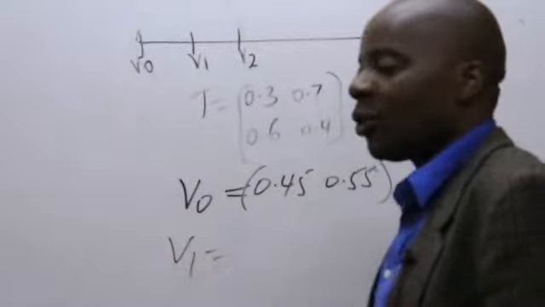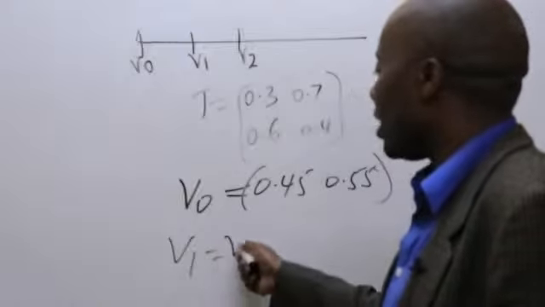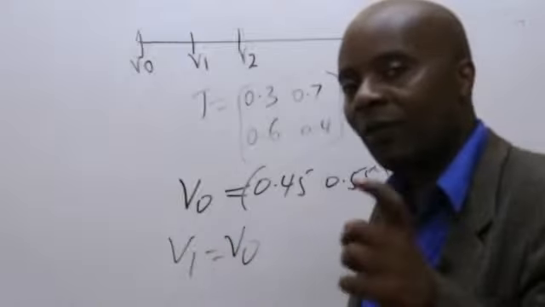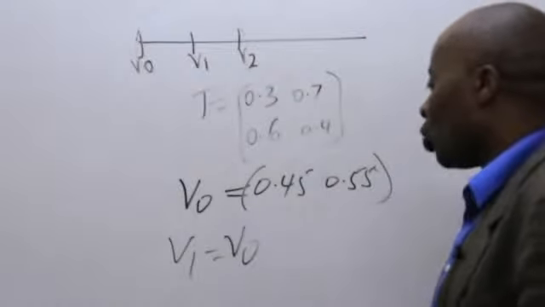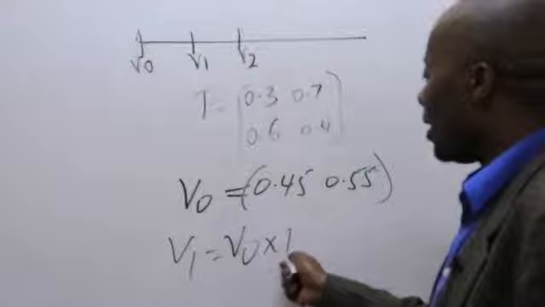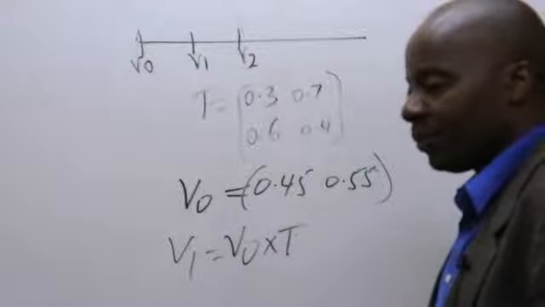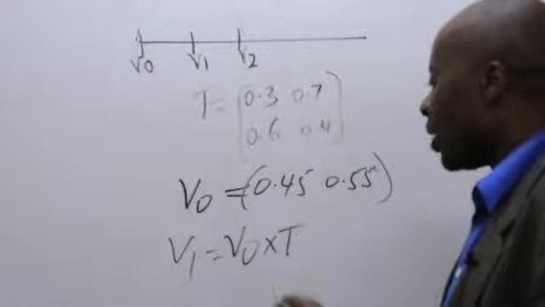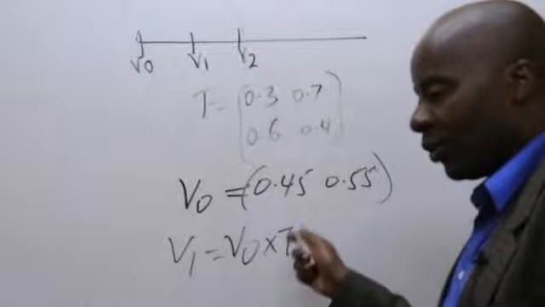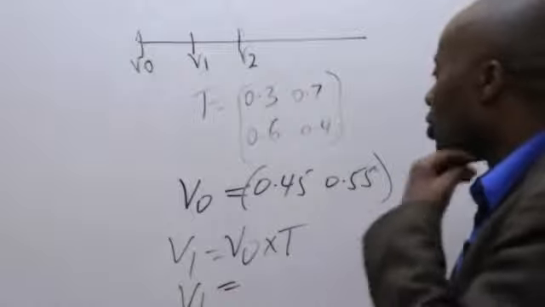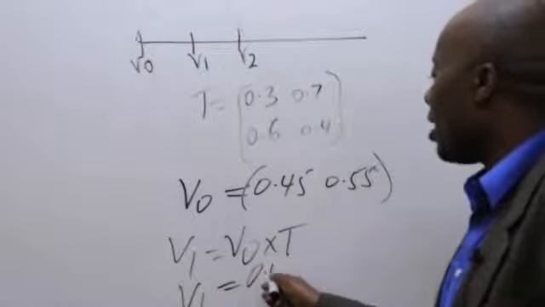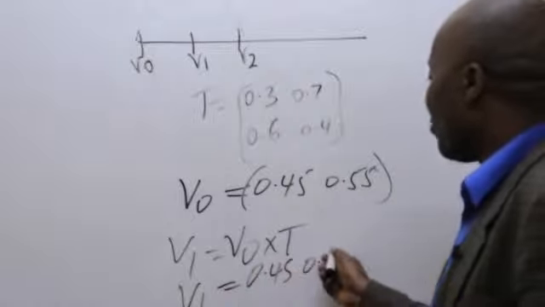And how do I get vector 1? Vector 1 can only be obtained from vector 0. What I need to do is take vector 0 and multiply it with the transition matrix. Remember, you have to begin with a vector. Therefore, my vector 1 will be equal to vector 0, which I already have: 0.45, 0.55.